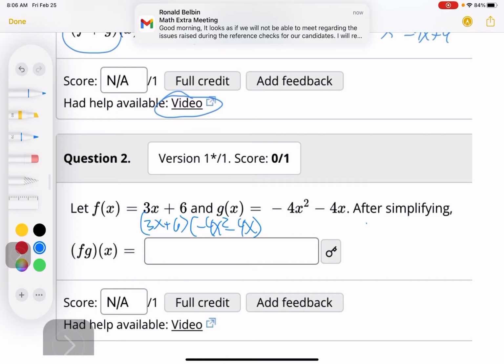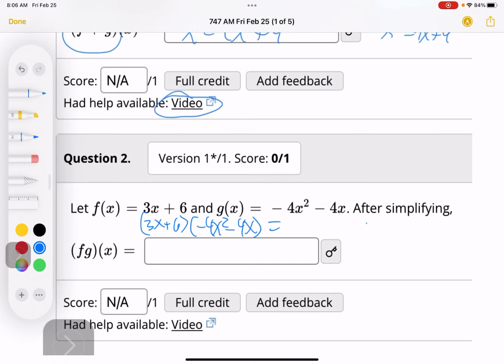So we can use a FOIL for this. 3x times negative 4x squared is negative 12x cubed. 3x times negative 4x is minus 12x squared. 6 times negative 4x squared is minus 24x squared. 6 times negative 4x is minus 24x.